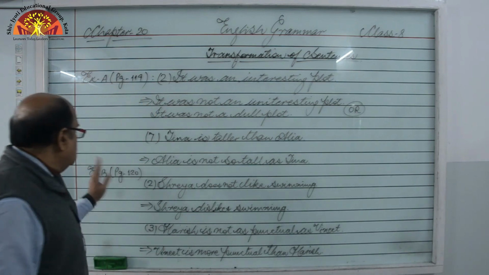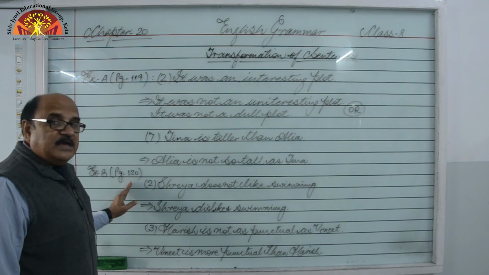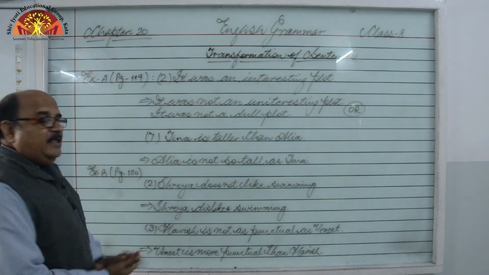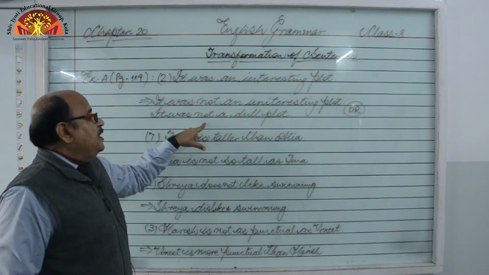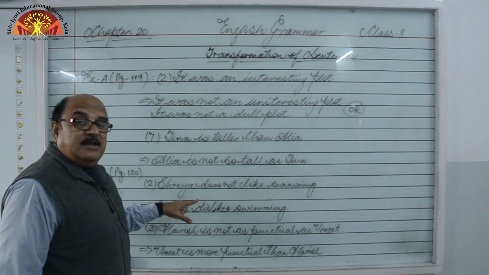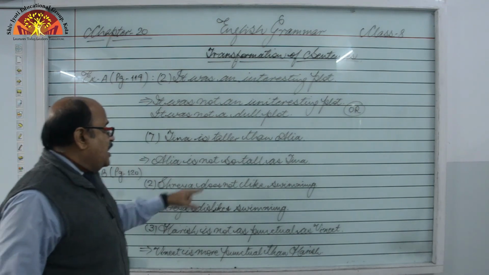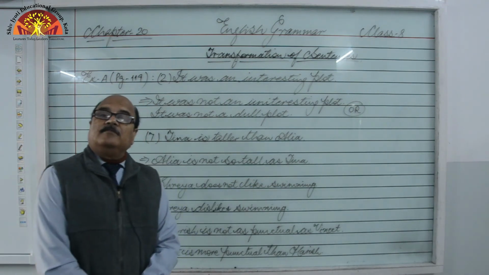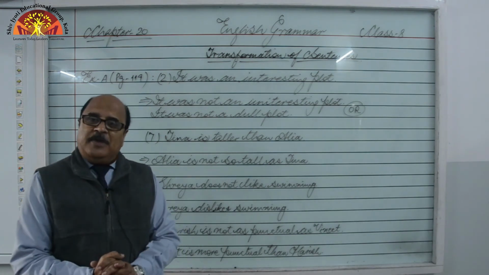Okay students? Now exercise B, page 120. In this exercise, vice versa is to be done. Means here affirmative to negative, here negative to affirmative, but meaning should be same. Look, Shreya does not like swimming. Shreya is not interested in swimming. Means Shreya does not like swimming.